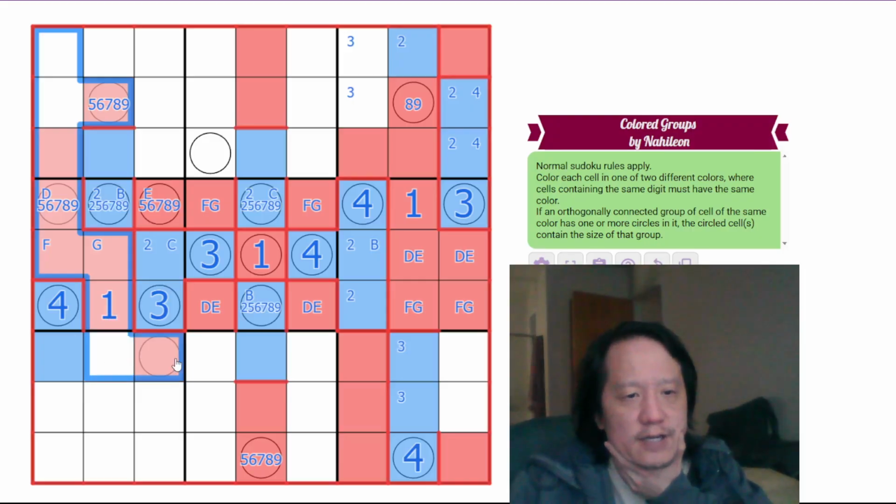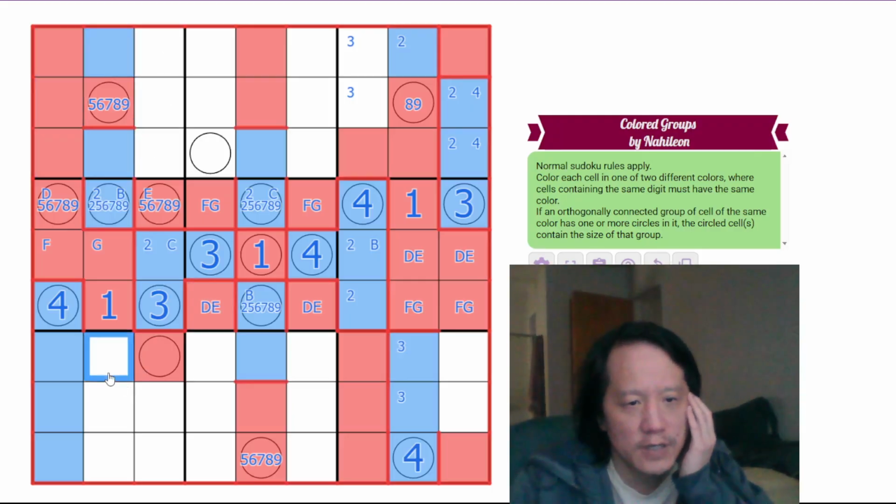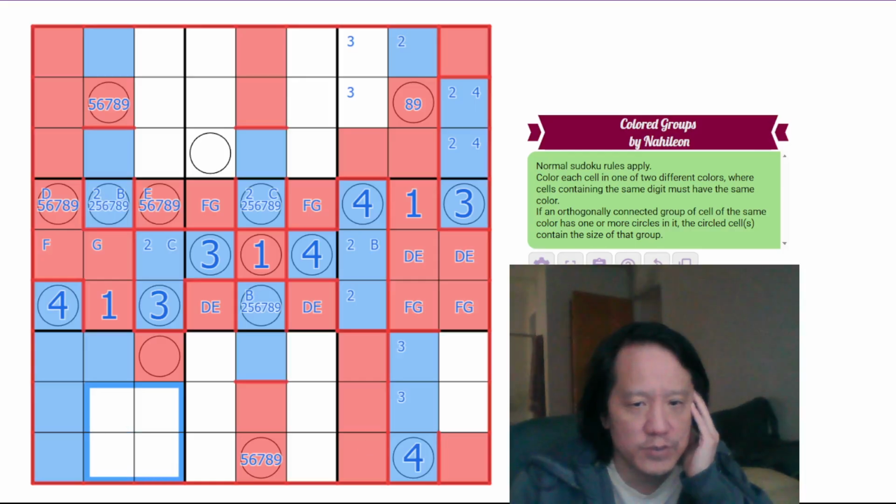And if we connected, that would be 9, 10, which is not possible. So if we go 4 blues here, again, this has to be red. One of these has to be red at least. Therefore, this must be blue. We have 5 reds in box 1 already. And this cannot connect because that would be 10. So this must be blue, which forces the rest of this to be red.